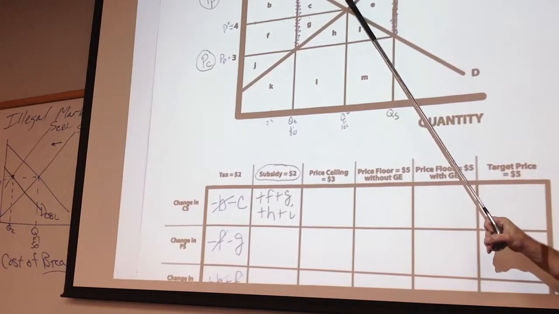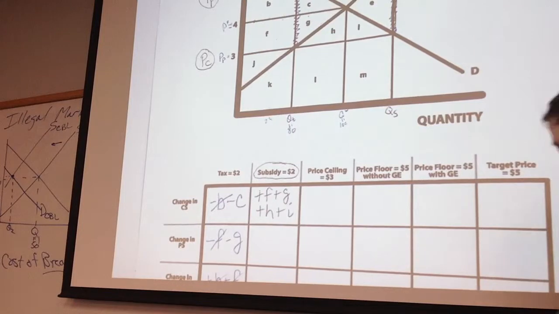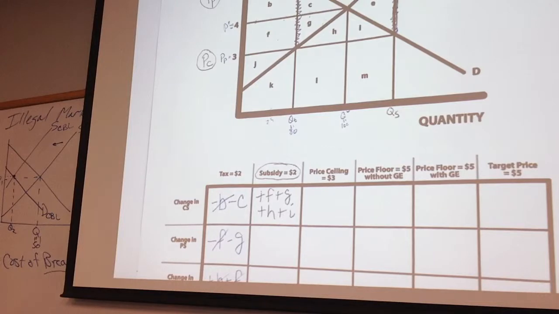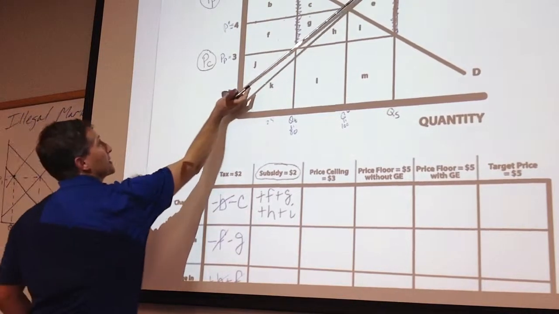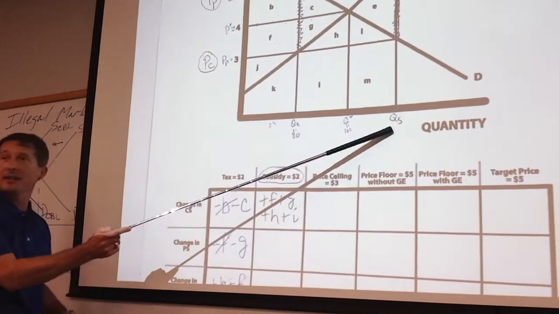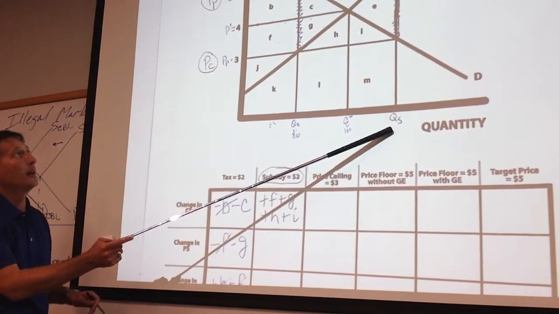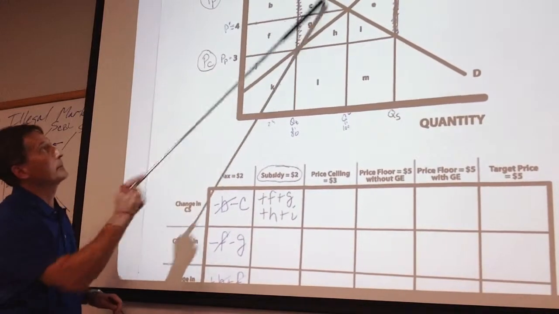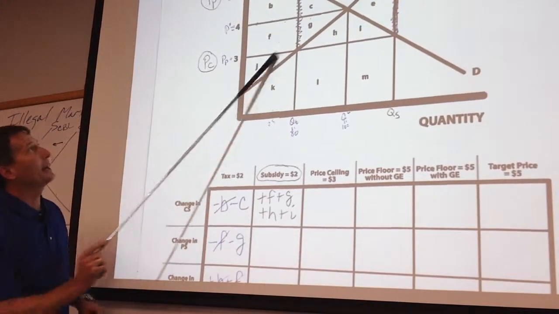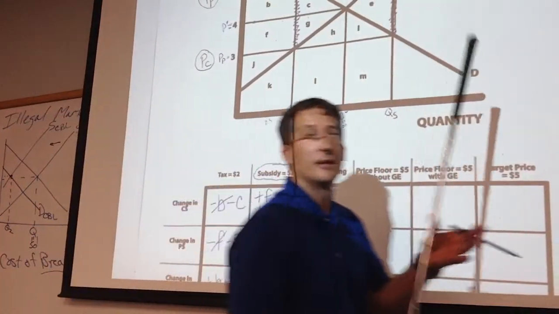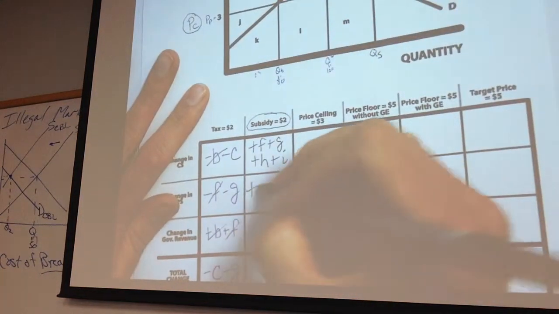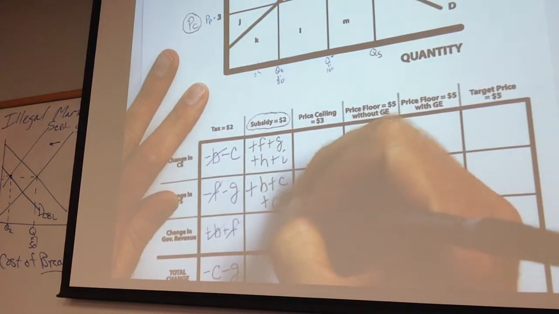The difference between what and what? The difference between what they actually get and the minimum amount they must get. The minimum is given to us by the supply curve. They're actually selling QS, right? And so actual, minimum, actual, minimum. We added B, C, D. So the producers picked up plus B, plus C, plus D.